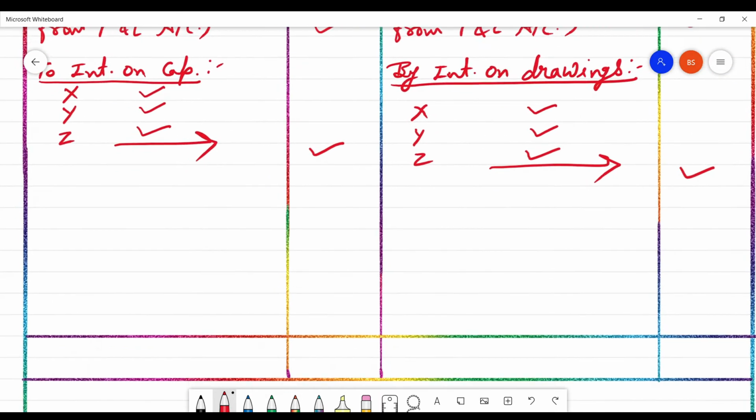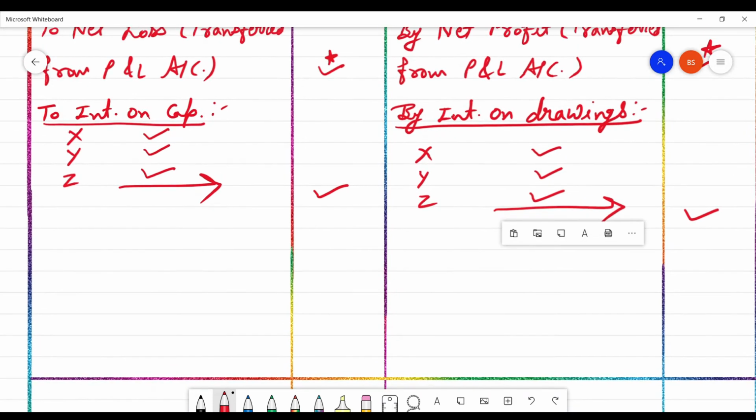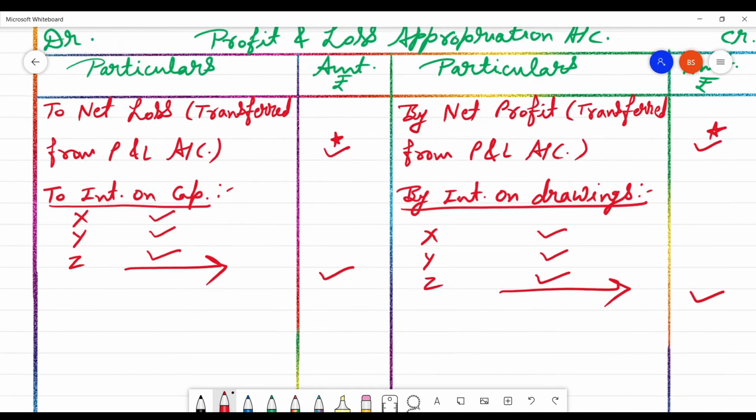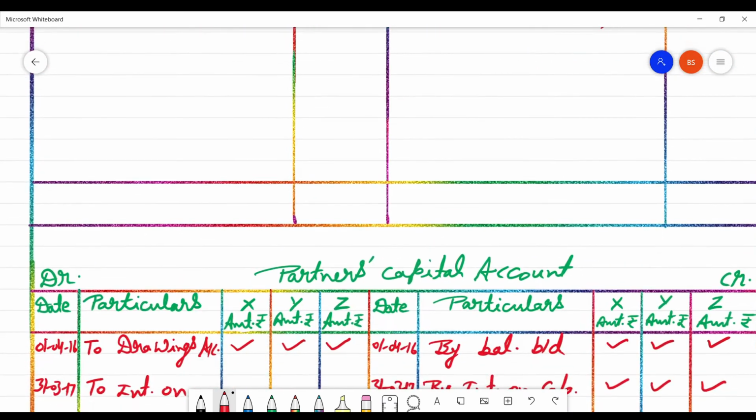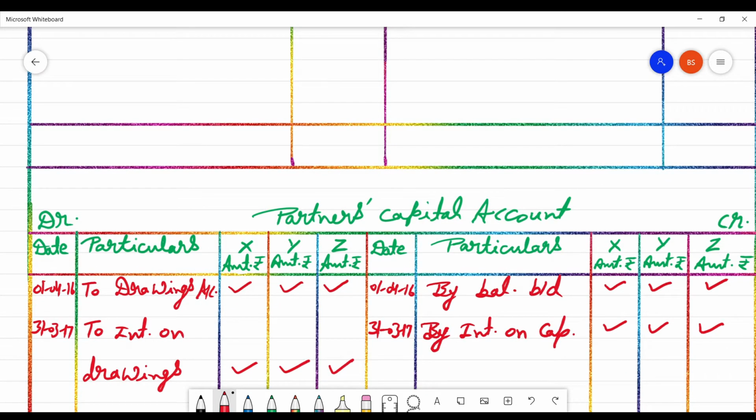All other adjustments are made on the debit side of the P&L appropriation account and on the credit side of the partners' capital account.